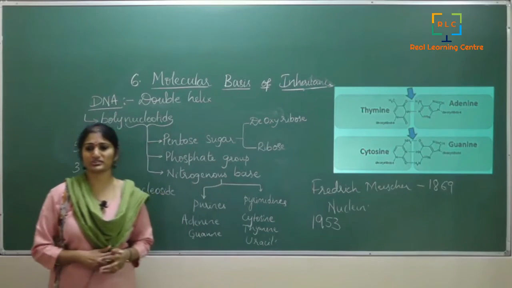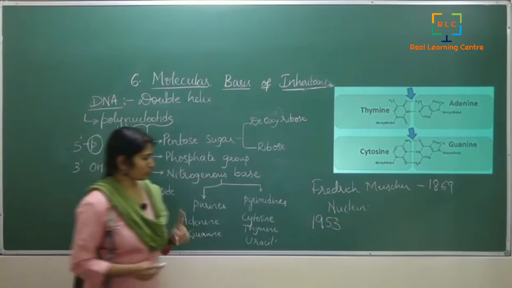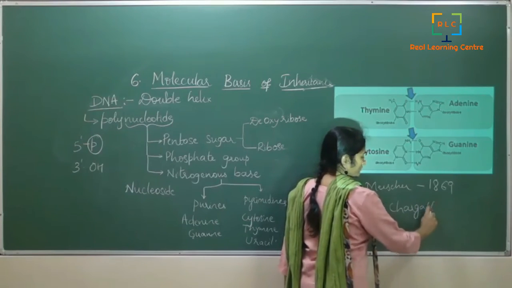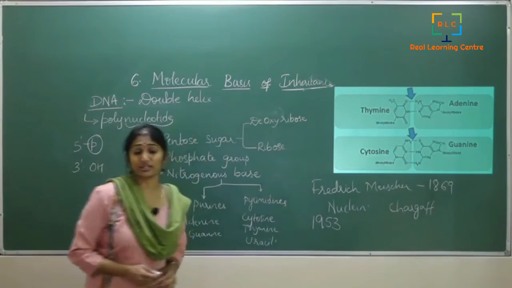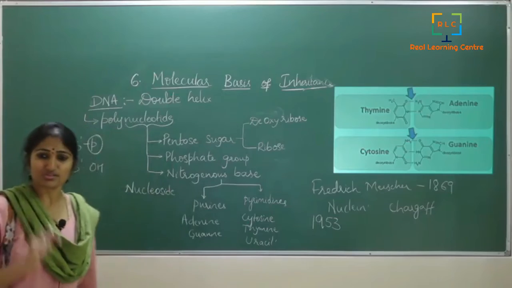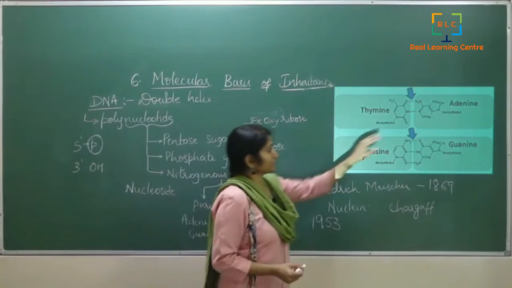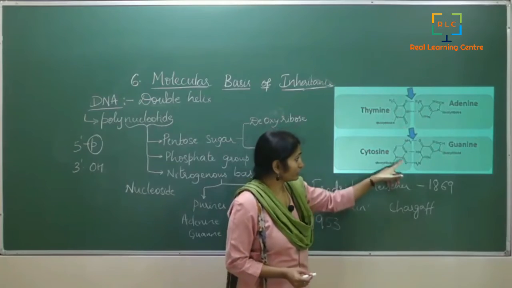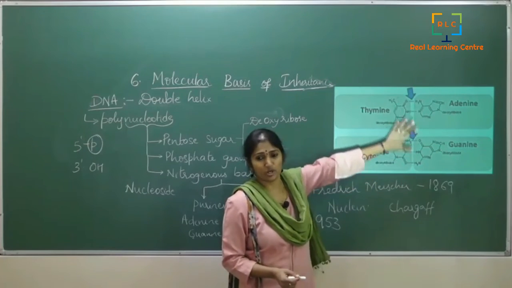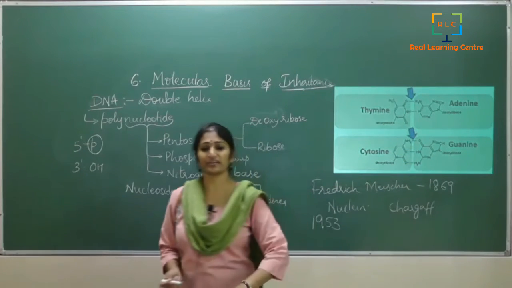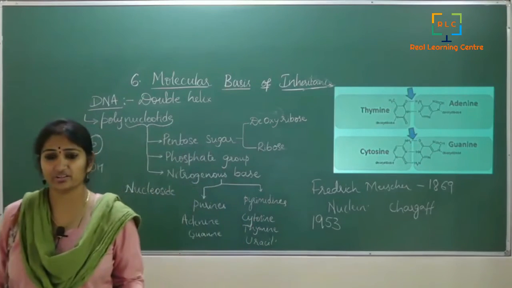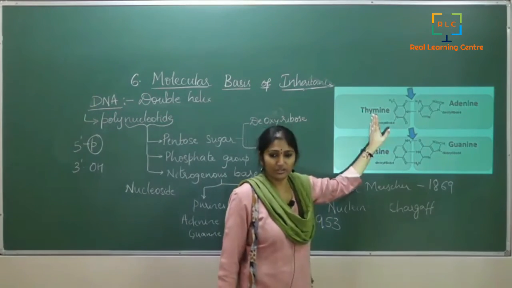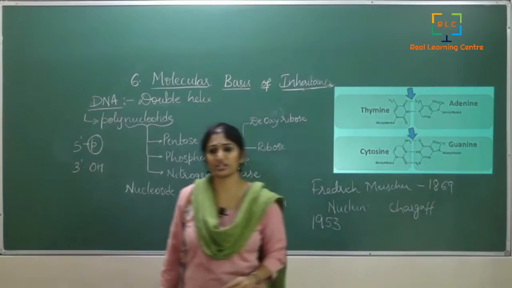In 1953 they proposed this, and then there was one more scientist. Again, it would be wrong if we do not get to know his name, Erwin Chargaff. He was the first person to find out that adenine and thymine get paired, guanine and cytosine get paired, with 3 bonds in GC and 2 bonds between A and T. And he also said that the number of adenines will be equal to the number of thymines, and the number of guanines is equal to the number of cytosines.